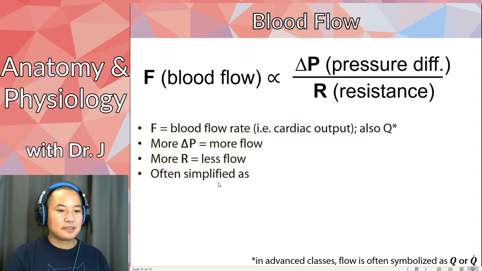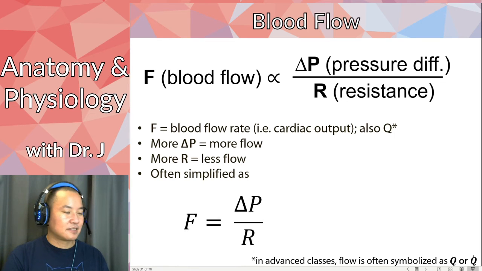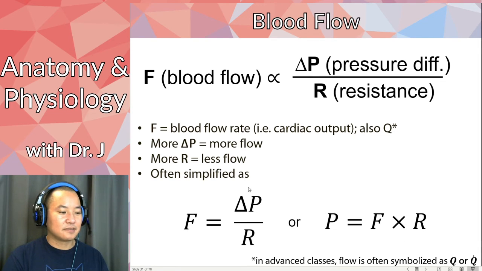And sometimes it's simplified, so even though I say it's proportional, when you're starting out, it might be easier to think of it this way. Instead of just saying proportional, you say F equals delta P, or the pressure drop, over resistance. Or if you do a little algebra, you can make it this way: pressure equals flow times resistance.